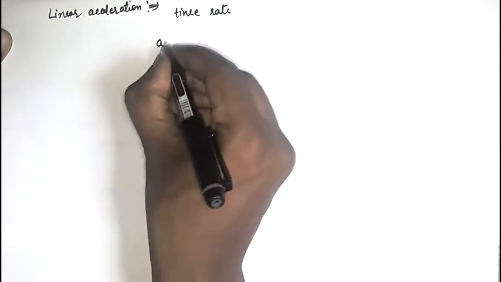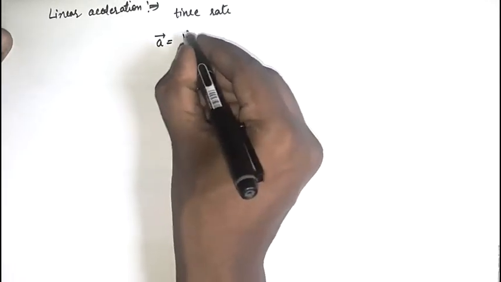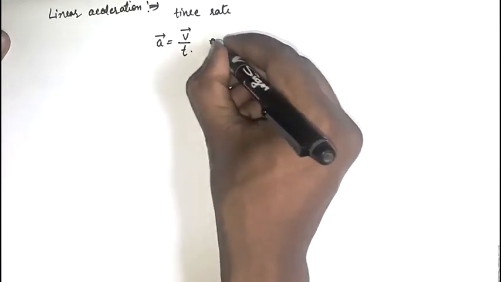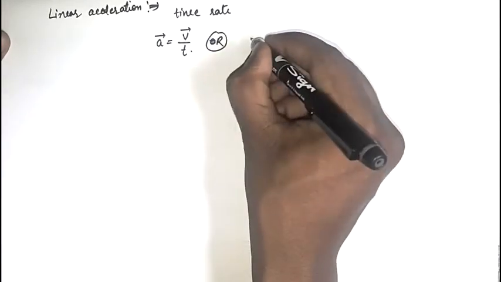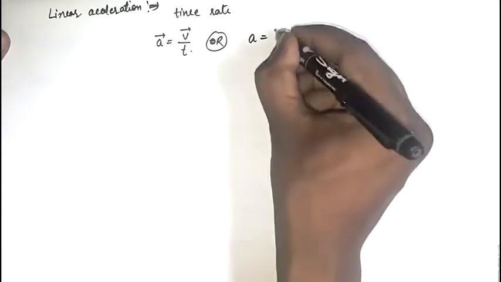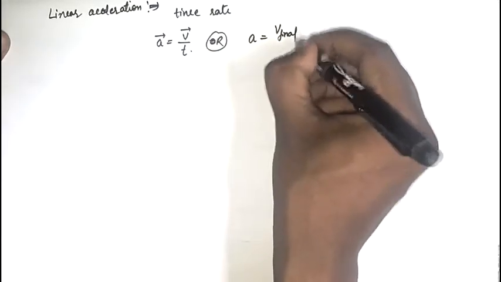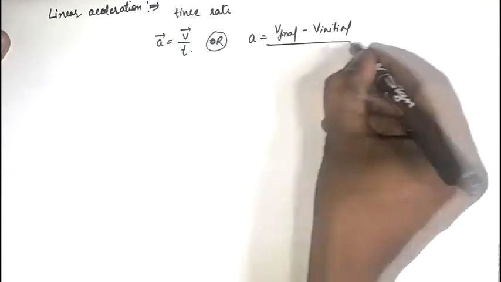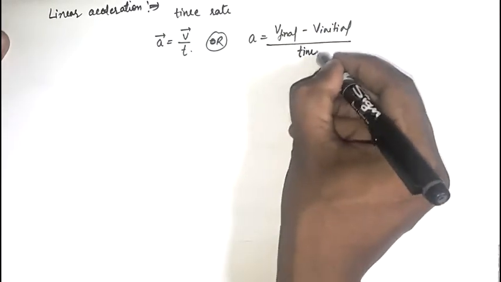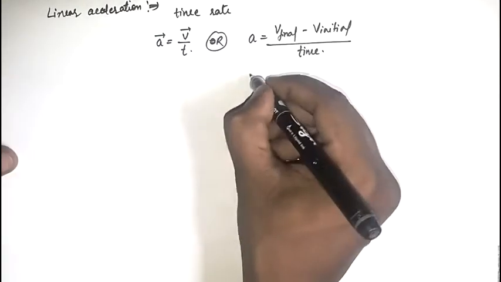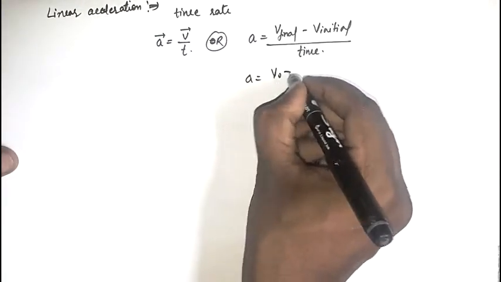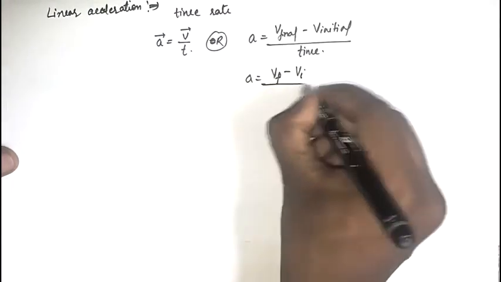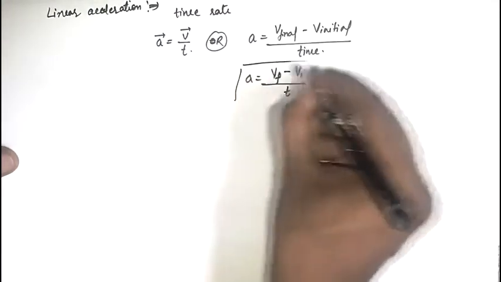Basically you know that it is a time rate, meaning whenever velocity changes in a given time, we call it acceleration. So acceleration is velocity change upon time. It can be written as acceleration equals final velocity minus initial velocity, where the velocity changes in time t. So final minus initial velocity, upon time.